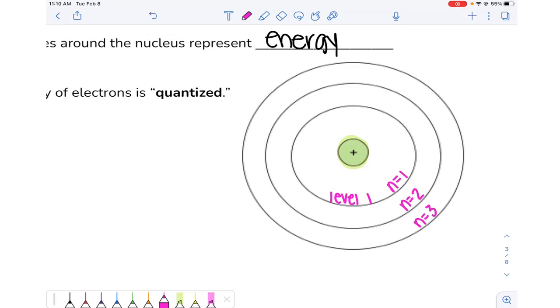So what this is saying is that an electron can exist in these different energy levels, and they do so by sitting on these rings here. So this model illustrates that the energy of electrons is what we call quantized. Being quantized means you have a specific packet of energy, essentially.